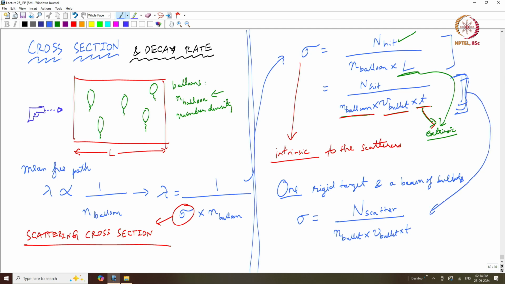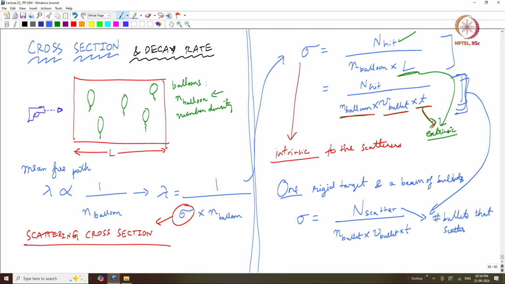Instead of the number of hits in a balloon, now I'm looking at the number of bullets that scatter off. Not all bullets are going to hit the rock. That's exactly what the cross section is trying to measure.